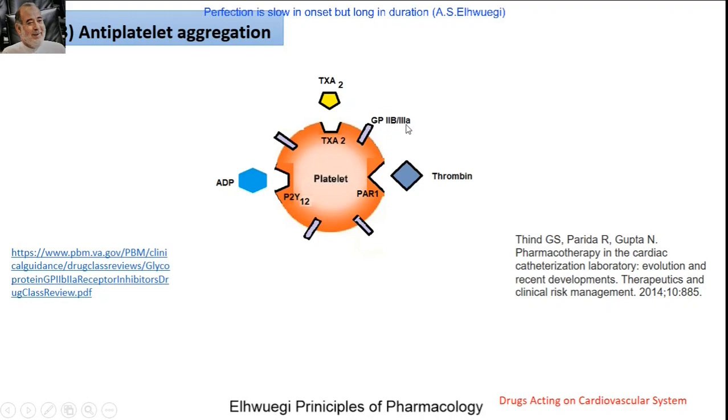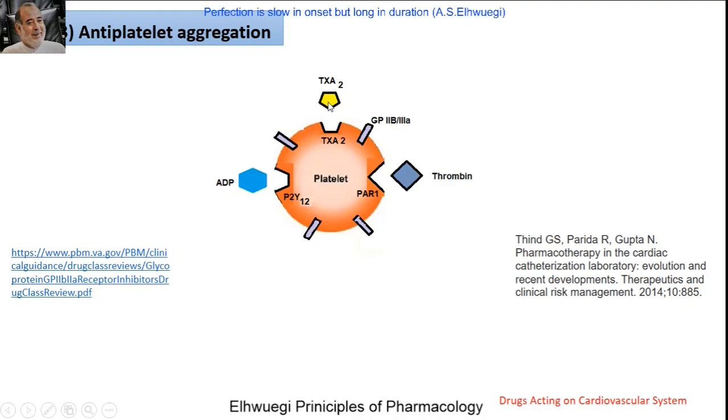These receptors, usually when the platelet is not activated, are inert. They are not a site of binding to anything. Okay, now they are inactive. Once thromboxane A2 or thrombin or adenosine diphosphate is present, of course, thromboxane A2 is produced by the platelet.